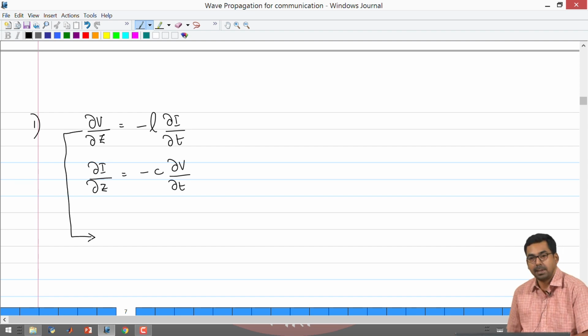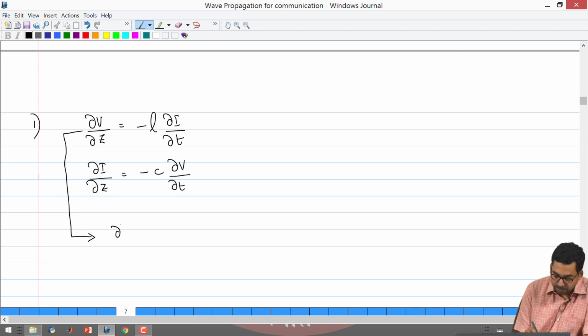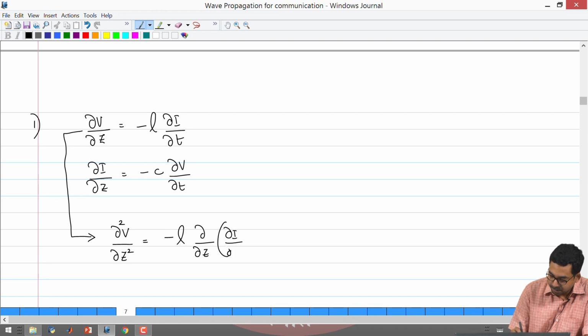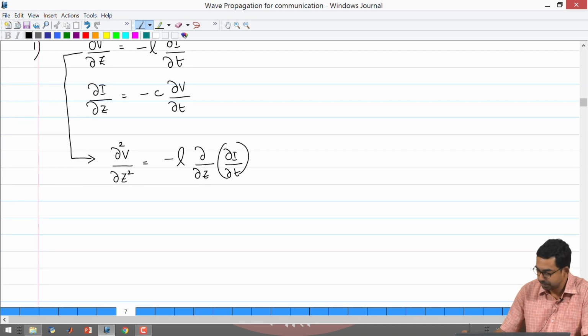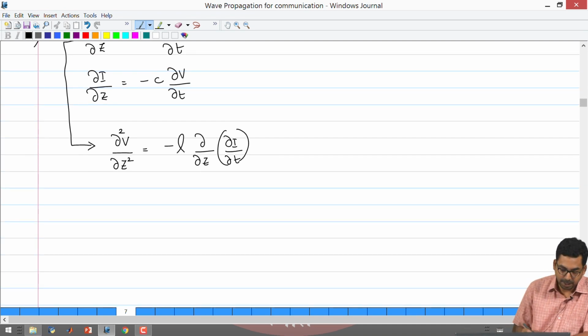and try to obtain the second derivative with respect to space, right. So, we will try to write down ∂²V/∂z² is going to be minus L ∂/∂z of ∂I/∂t. Okay.